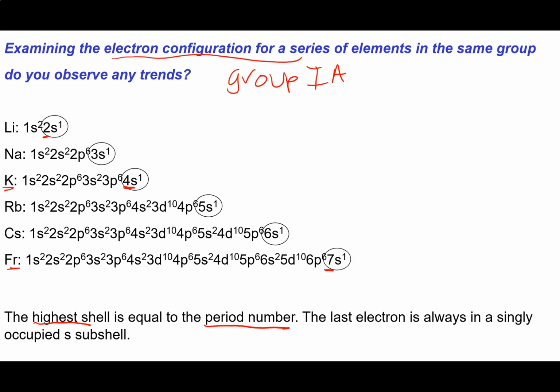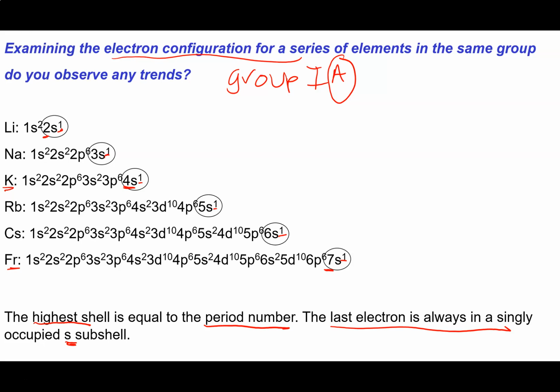So that's kind of interesting, right? At least for the representative elements, the A group elements, the period number corresponds to the highest shell that is occupied. Now, let's have a look at the electrons that are in that outermost subshell. In every case, it's the same. The last electron for all of the elements in group 1A is always a single electron in an s-type subshell.